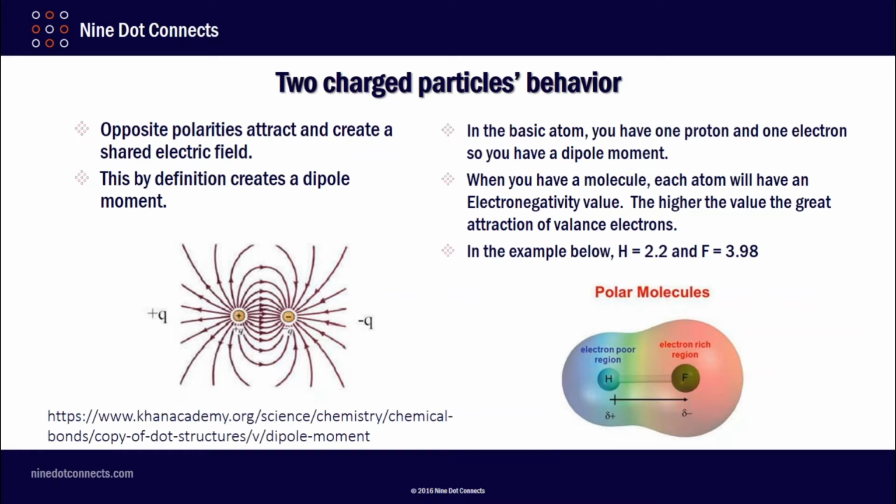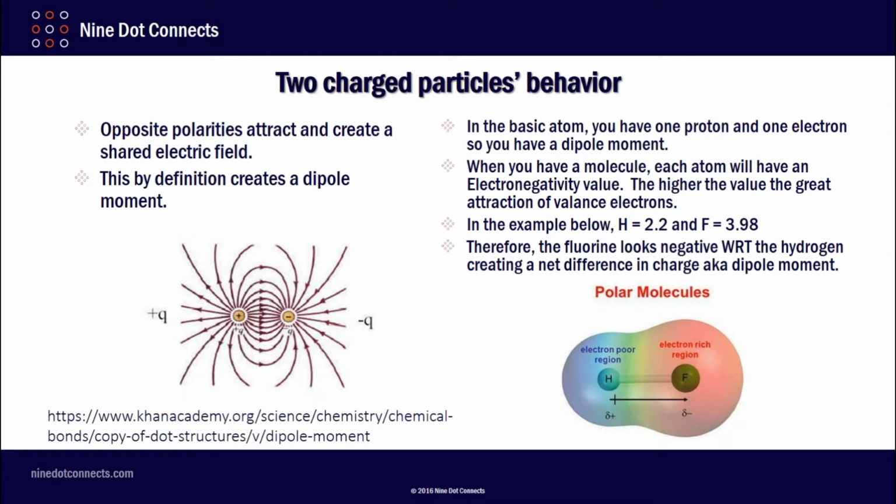What that ends up meaning is that the valence electrons are going to migrate over to the fluorine and away from the hydrogen, creating a net charge differential between the two atoms. That net charge difference with respect to the hydrogen is going to create a dipole moment because you basically are creating an electric field between the two atoms.